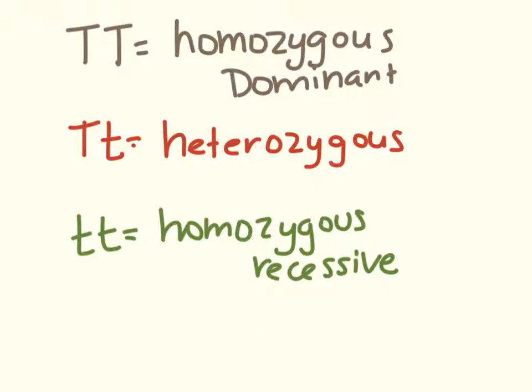So if we have a plant that has two capital T's, we refer to that as having the homozygous dominant genotype. And if we have a plant with capital T, lowercase t, since they are different, we refer to that as the heterozygous genotype. And if they have two lowercase t's, again, both of those are the same, so we refer to that as homozygous recessive.